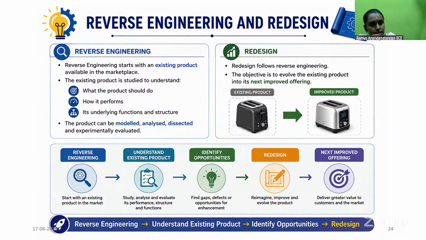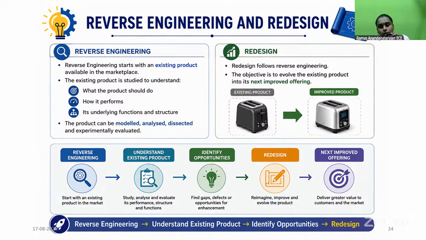So first, let us understand what is reverse engineering. Reverse engineering starts with an existing product available in the marketplace. So the existing product is studied to understand what the product should do, how it performs, its underlying functions and structure. The product can be modeled, analyzed, or dissected and experimentally evaluated.